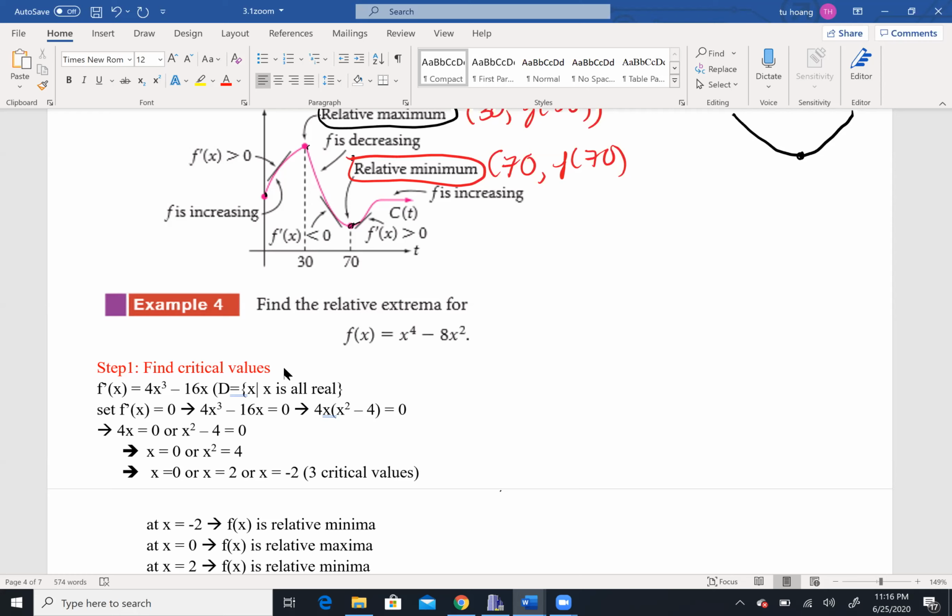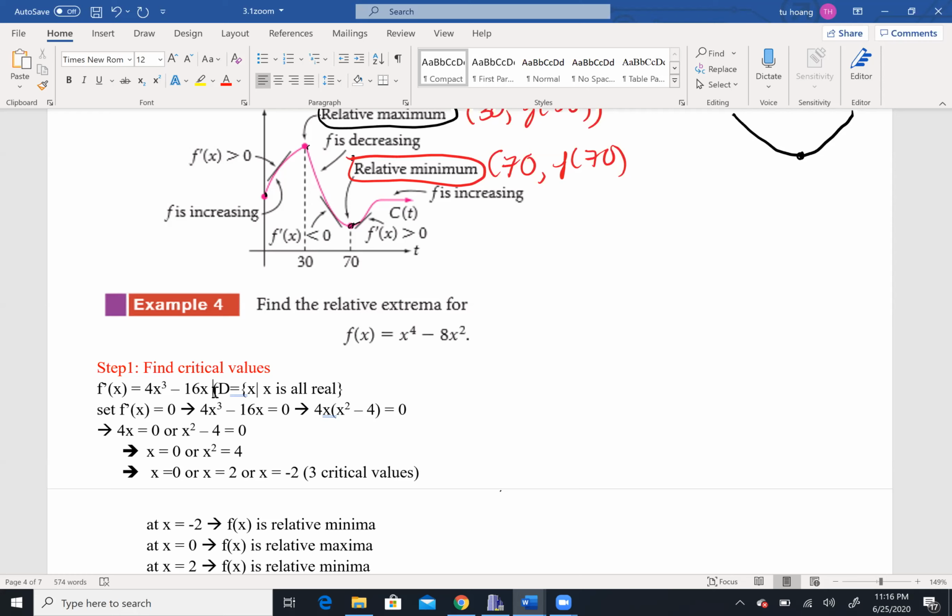And in order to find the critical value, you have to take the derivative of f(x), right? You should know that the derivative of f(x) is 4x cubed minus 16x. The domain in this case is all real numbers, because this is a polynomial, so I don't have to worry about the undefined case of the derivative.